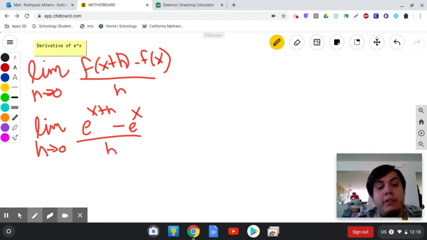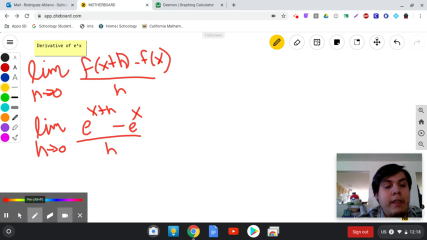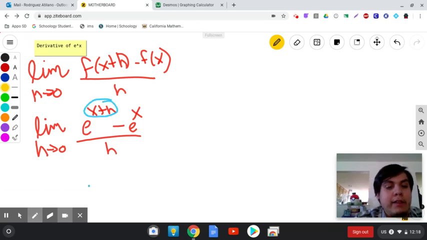Because I notice I have addition going on in the exponent here, I can think about this as e to the x times e to the h. And I'm going to go ahead and use that to do a quick little rewrite.